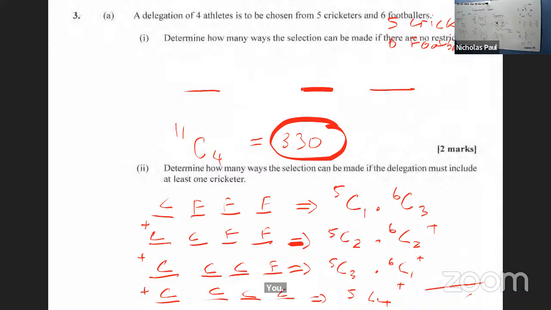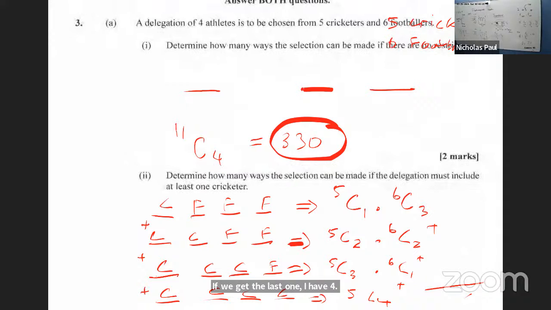Don't forget the last one, 4 cricketers, 5C4. So 315. Yeah. 315, right?